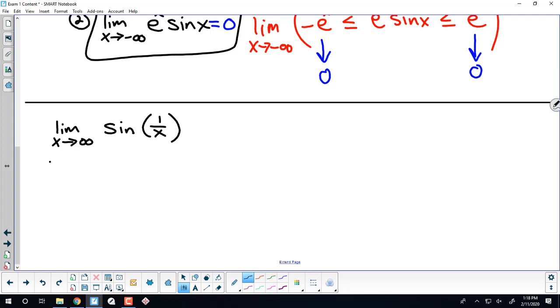Or negative infinity? Does that also not exist?